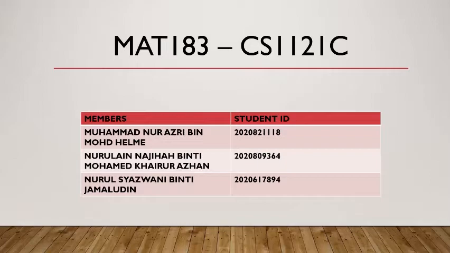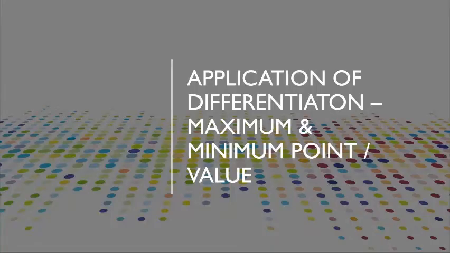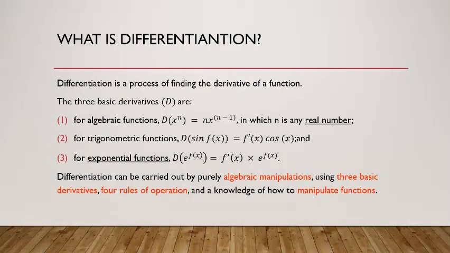We are going to present about application of differentiation: maximum and minimum point or value. What is differentiation? Differentiation is a process of defining the derivative of a function. The three basic derivatives are, for algebraic function, d of x to the power of n will become n x to the power of n minus 1, in which n is any real number.